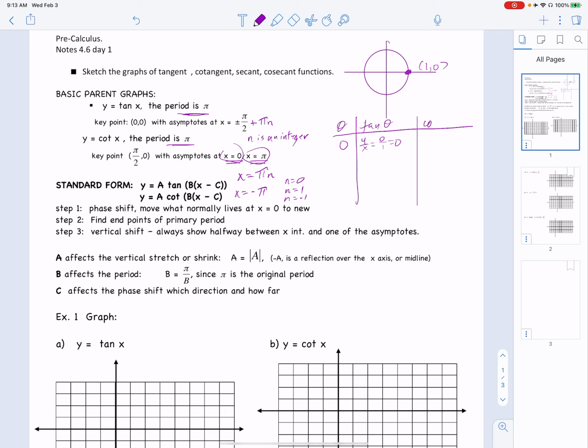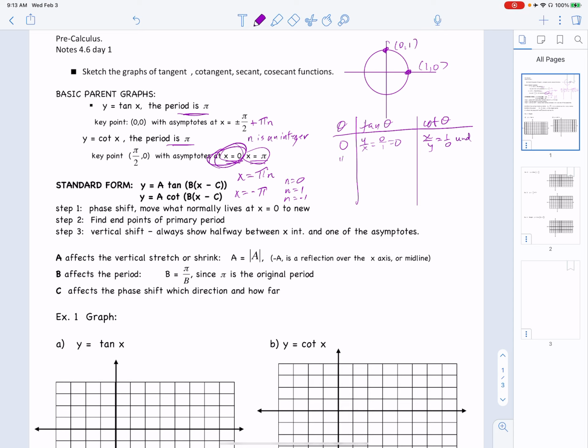For cotangent of theta, it is x over y. So I get 1 over 0 when theta is 0, but that's undefined. That's why over here, x equals 0 is a vertical asymptote. The places where you have vertical asymptotes are the places where tangent and cotangent are undefined. If I move up to pi halves or 90 degrees, I'm at 0, 1.